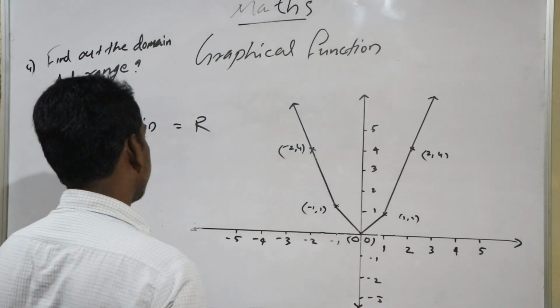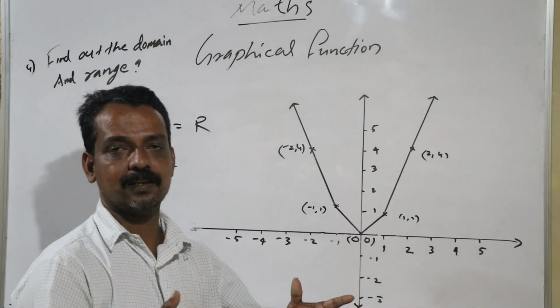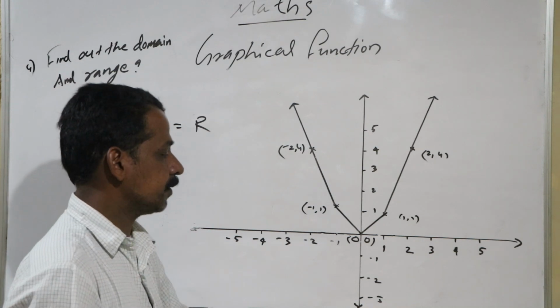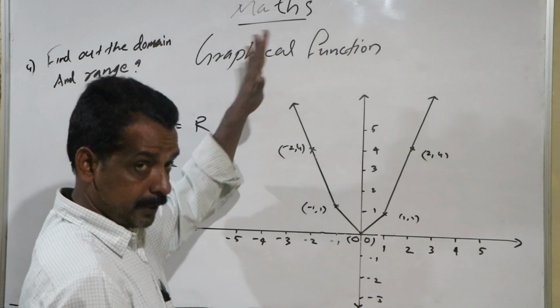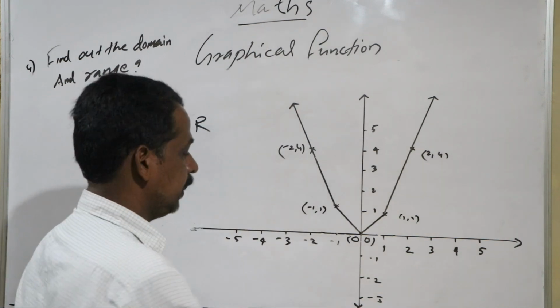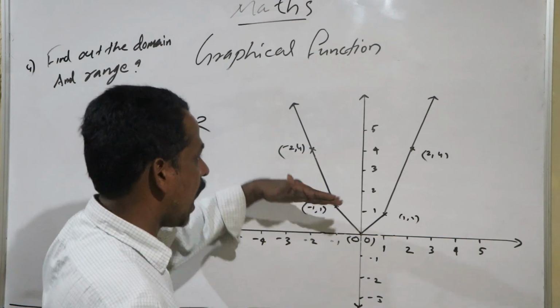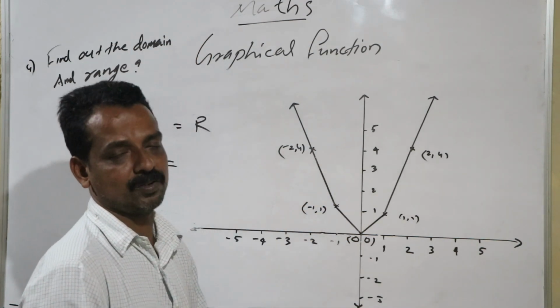Okay? And the range. What is the range? The range is the representatives of the y-axis. Look here, according to the y-axis, up and down. The graphical lines only go up from 0, not down.